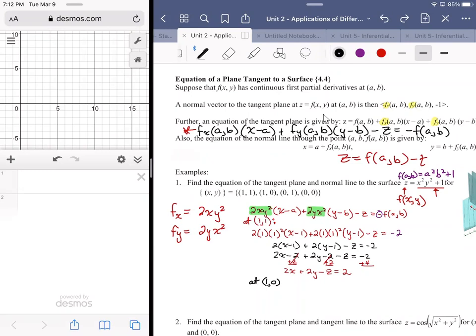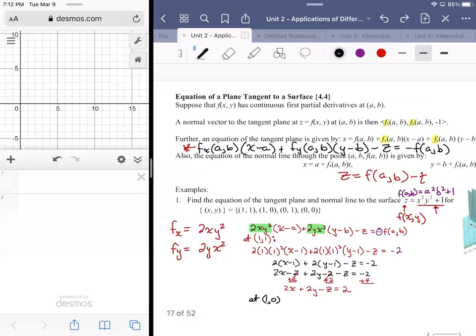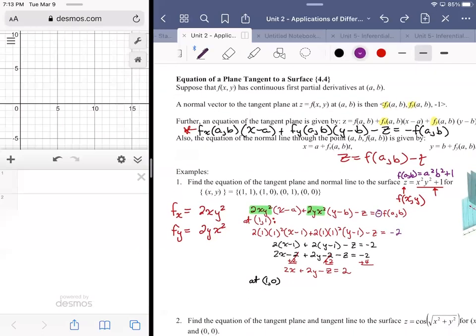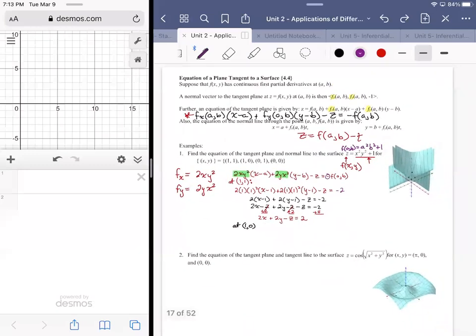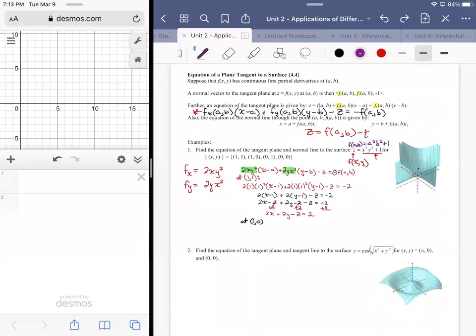Why is the equation for the normal line given by the normal vector directly? Oh, so the normal vector, if you go back to what we talked about writing the equation of a line in free space, you have the parametric form. Equation of a line.